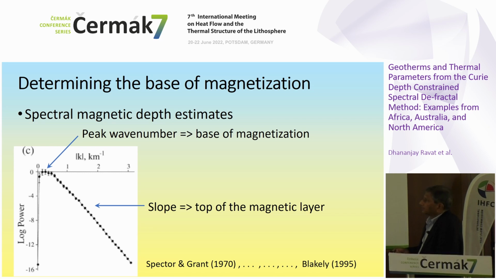Those spectra look like this: a log of power versus wave number. If you are sensing the base of magnetization, then there is a peak in the wave number in the spectra, and the location of the peak is related to the depth of the base of magnetization.